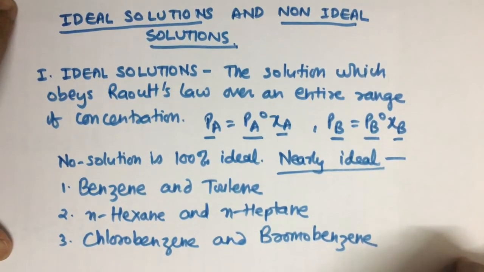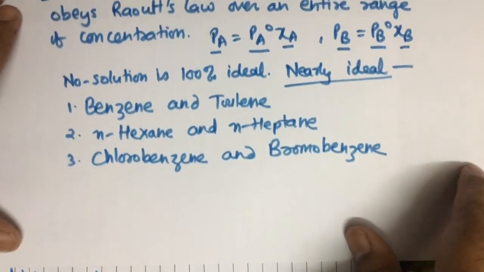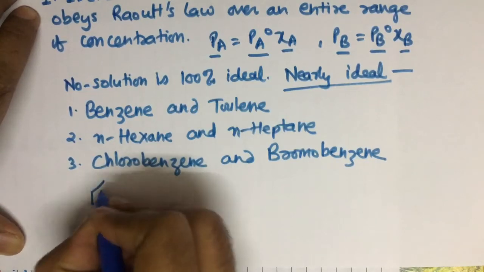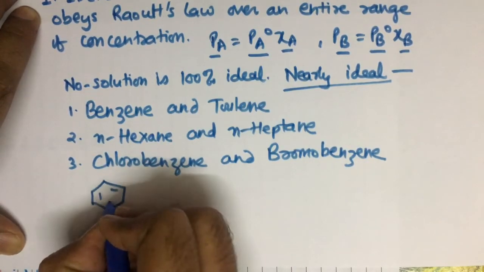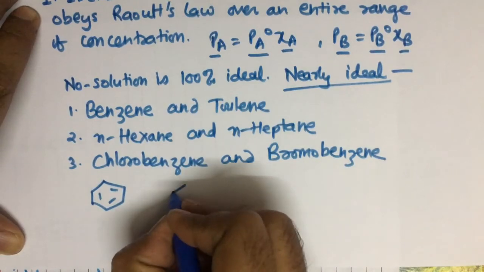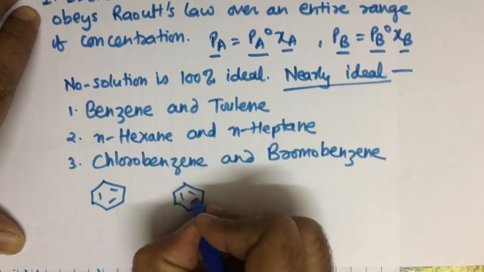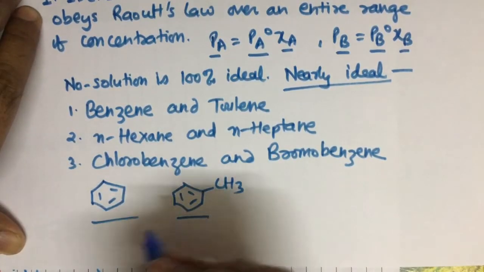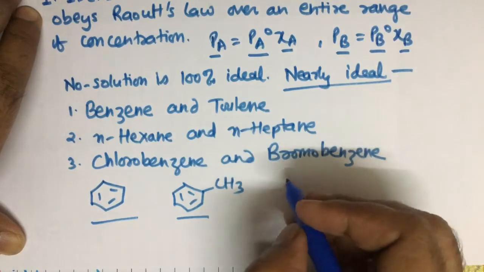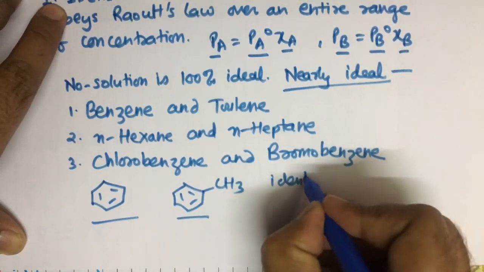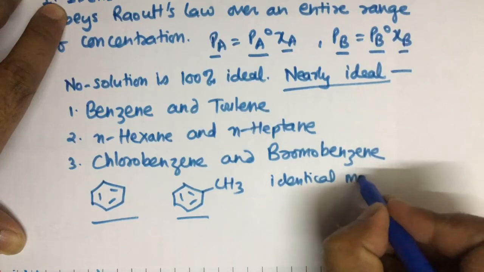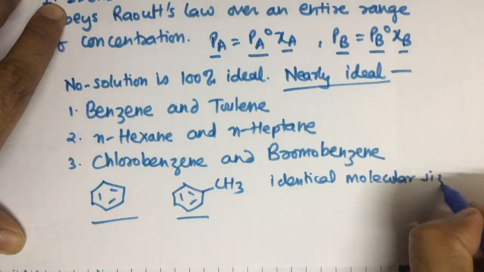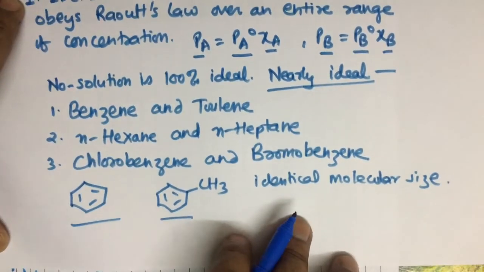Now if you look at the example of benzene and toluene, now this is your benzene and this is toluene. So they are nearly identical in molecular size. Their size is nearly identical.